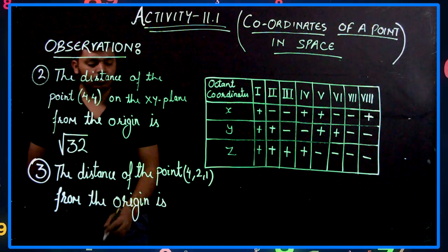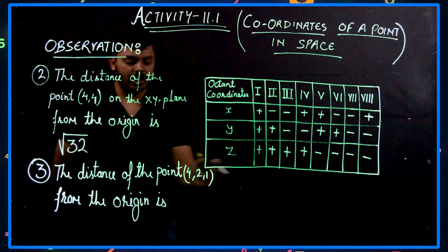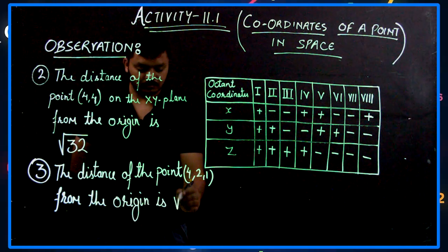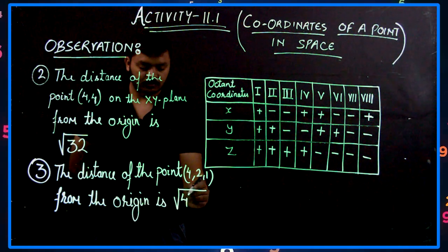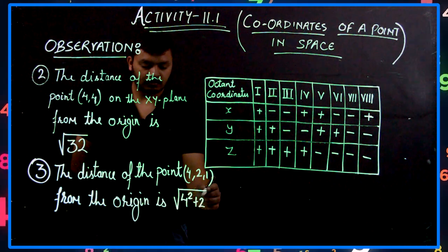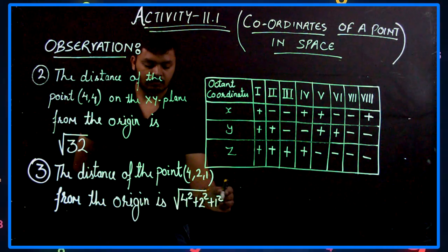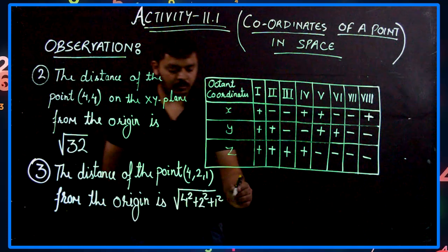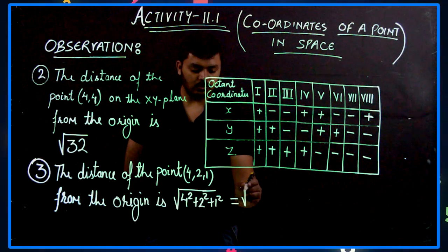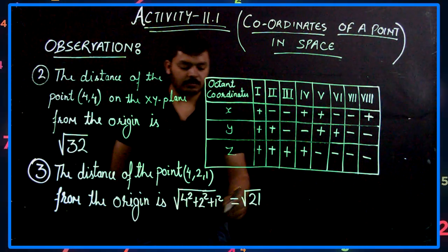It is under root 4 square plus 2 square plus 1 square, which equals under root 21.